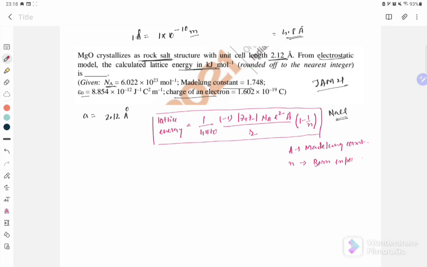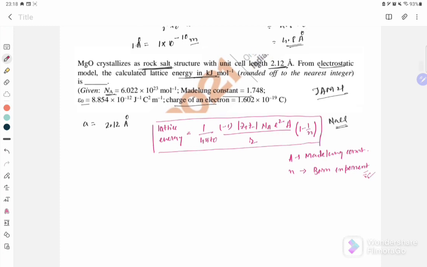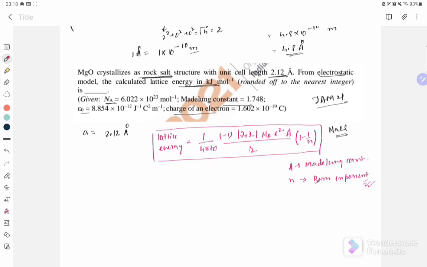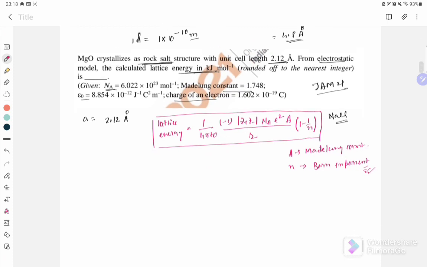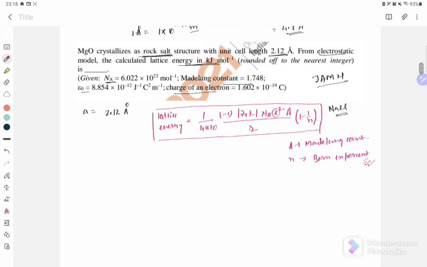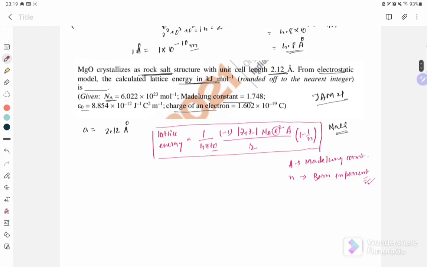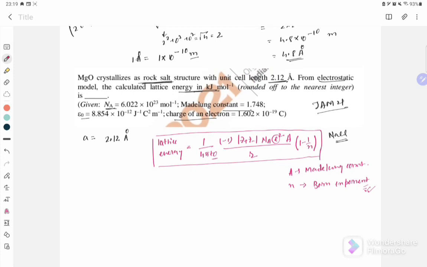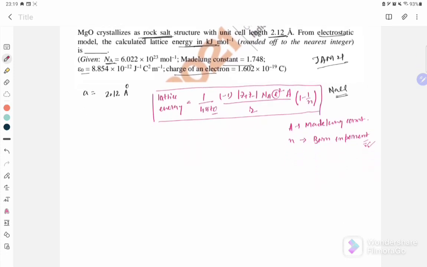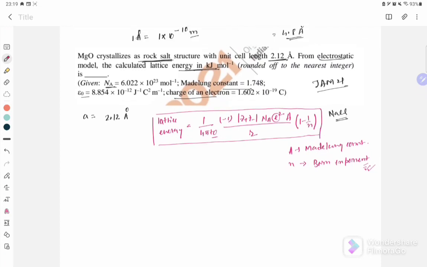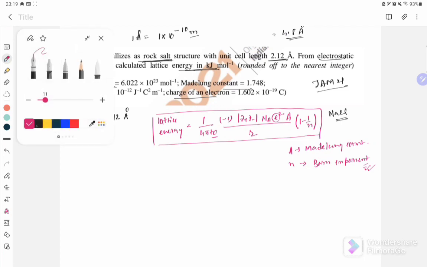We have to know how we can calculate this one. e is the charge of an electron, Na is the Avogadro number, epsilon naught is the permittivity that is given, and z plus and z minus are the charges of cation and anion. So this is our equation. All are given, we just have to calculate n. What is n, our Born exponent, for MgO? So how do we have to calculate this one?